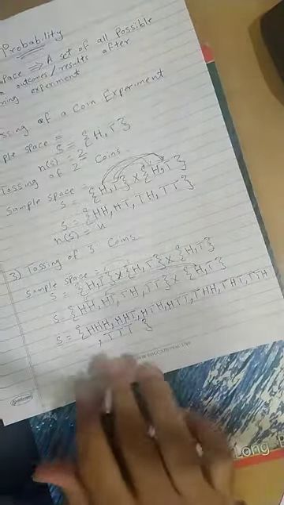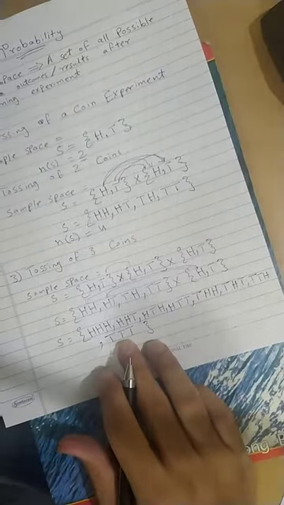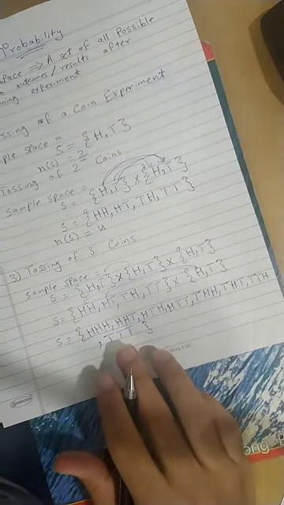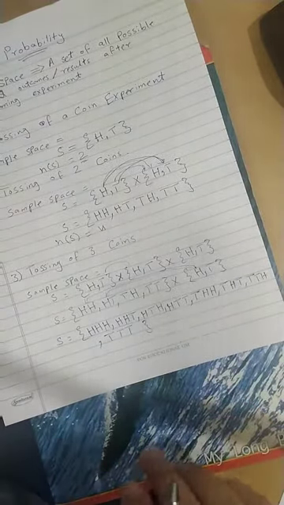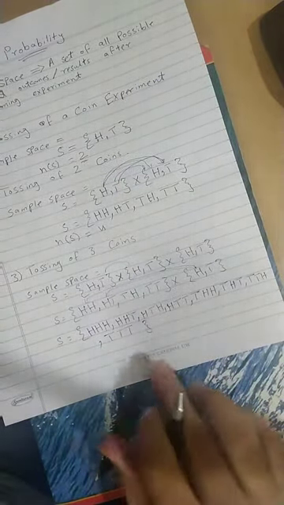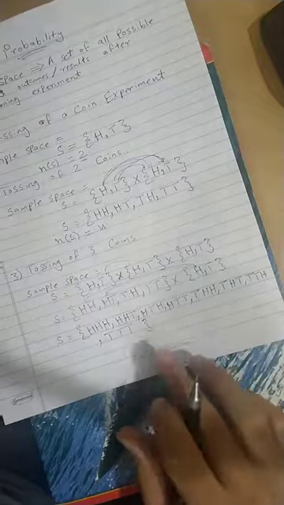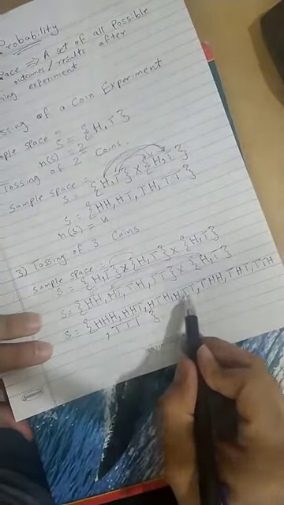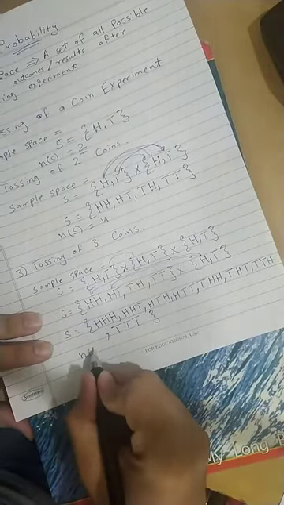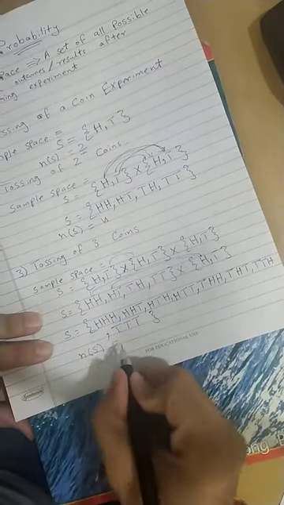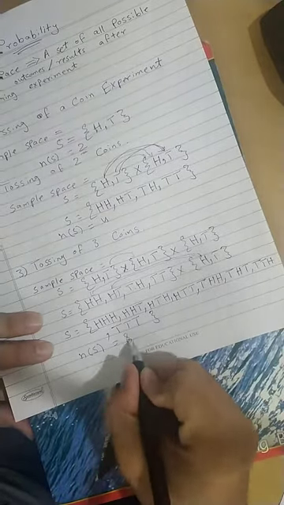And this is the expected and possible outcomes of throwing 3 coins. And the total sample space is 1, 2, 3, 4, 5, 6, 7, 8. So total of S is equal to 8.